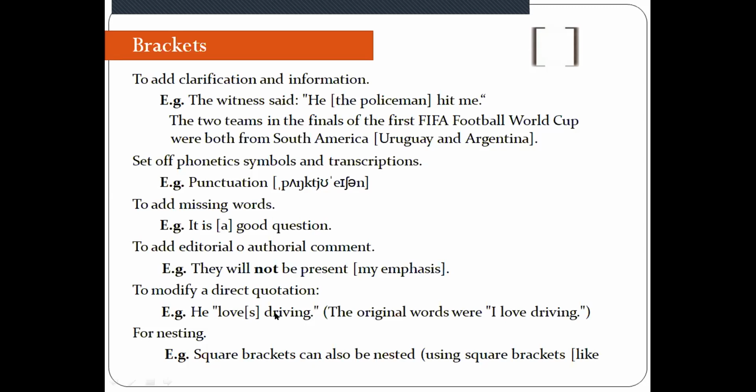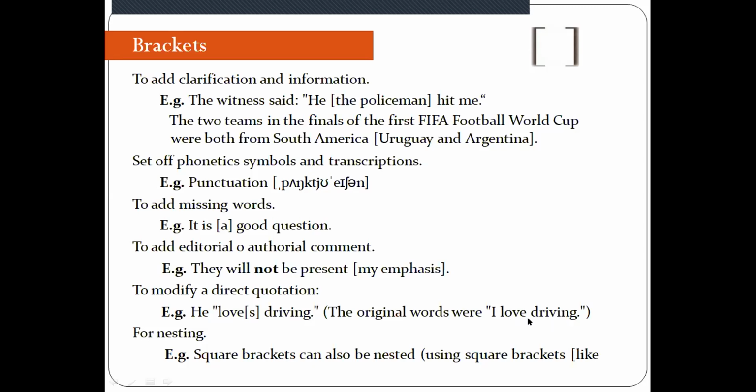And the next one, to modify a direct quotation. He loves driving. So if you want to rectify this, if you want to make corrections, the original words were, this is a quotation, but it is not clear who said it. You understand? He loves driving.